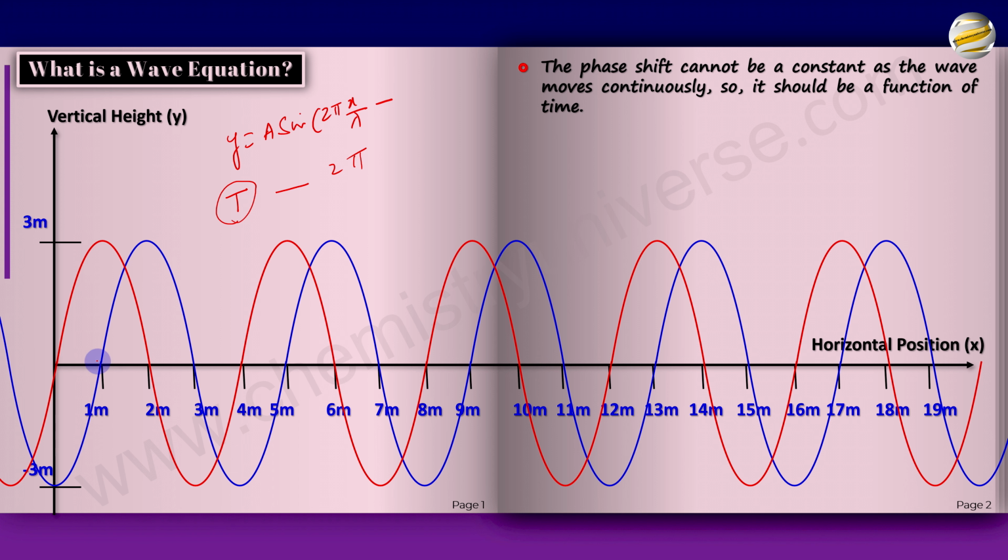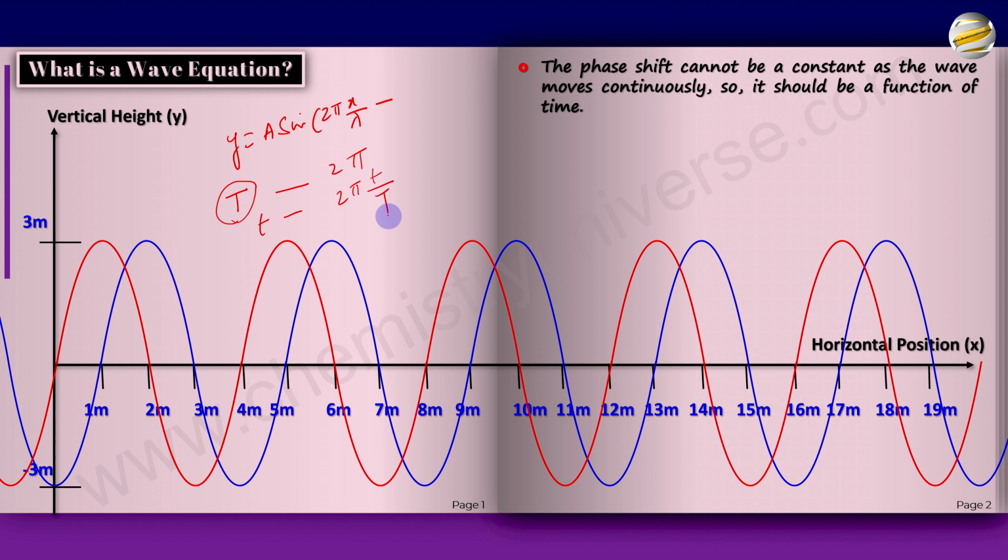Because from here to here, it is 2 pi, as you can see. So from this point to this point, it is 2 pi. So for one time period, it will move by an angle of 2 pi. If it moves through t time, then the angle traversed would be 2 pi t over T.